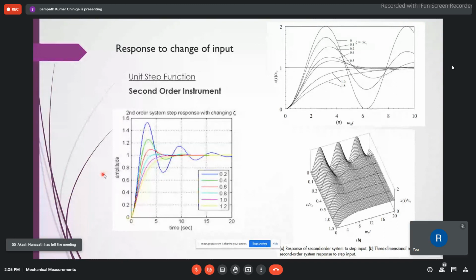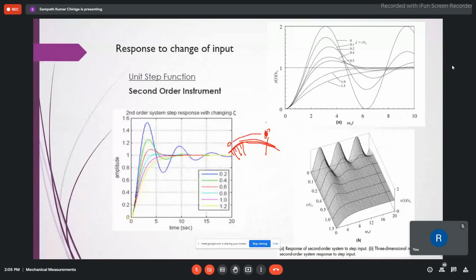You can imagine a pointer and a scale kind of a thing, just for your understanding. Imagine it to be a scale, for example, and it has to come to 0.5, for example, from 0 to 1.